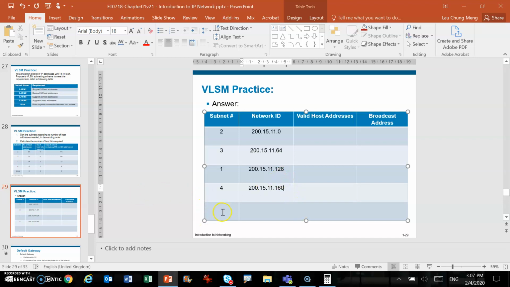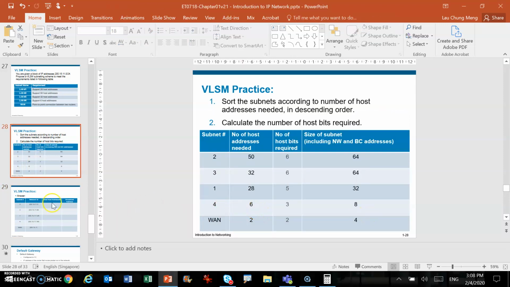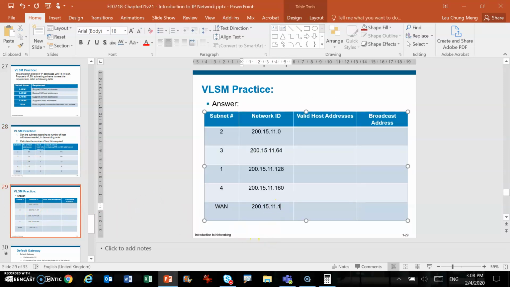And then your wide area network over here is a point-to-point connection. So this is 200.15.11.160, and the size of subnet 4 is 8, so this will be 168.